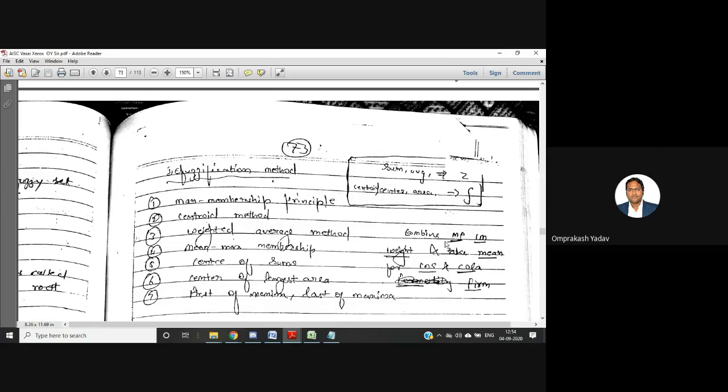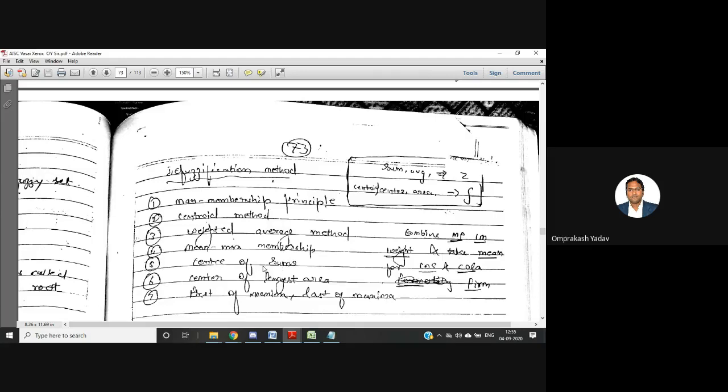Now, if you remember this particular statement, how to find out all these methods? MP is nothing but max membership principle. CM is centroid method. Weight is weighted average method. Mean is mean max membership.